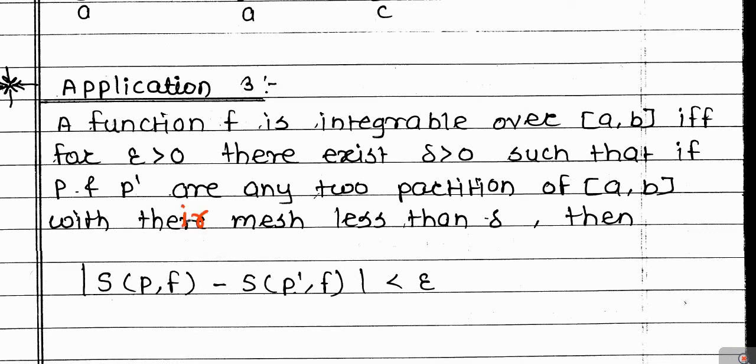If this difference of Riemann sums is less than epsilon, then the function is integrable, and if the function is integrable, then this difference is less than epsilon. So like such is application number third.